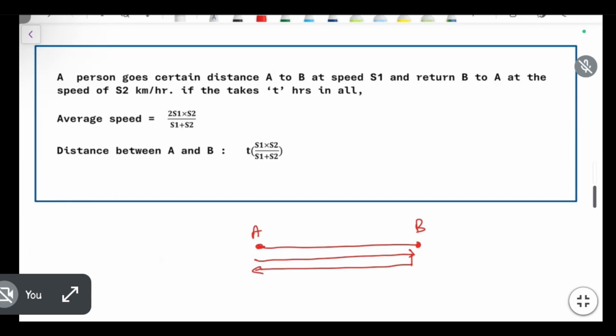Let's say for going, in this case we are assuming a man is going from A to B. That means from A to B at a speed of s1. That means going speed is s1, and returning from B to A, that means the next part is he is returning from B to A at a speed of s2.